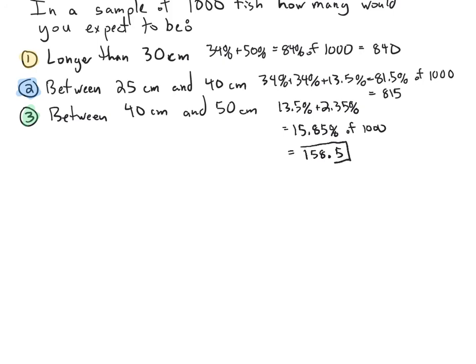Obviously, it's not going to be exactly 158.5 since you can't have half a fish, but as an expectation, it's fine to have decimals in it. So hopefully that gives you an idea of how the normal distribution works and how you can use it to solve some problems.